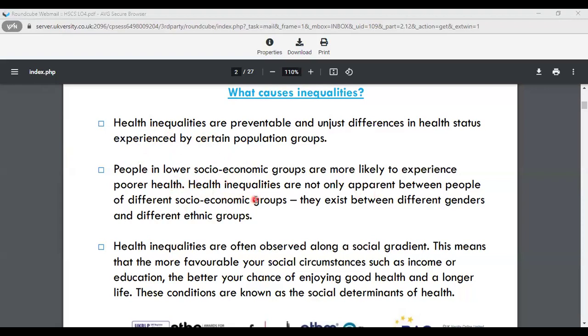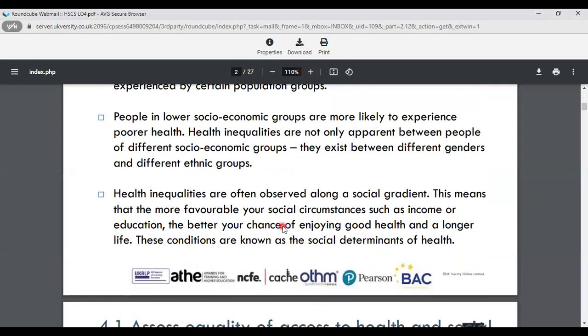Health inequalities are not only apparent between people of different socioeconomic groups, they also exist between different genders and different ethnic groups. So there are different ways in which inequality impacts people, and different causes behind these inequalities. They're not just socioeconomic, they're gender-based also, and different ethnic groups are subject to them.